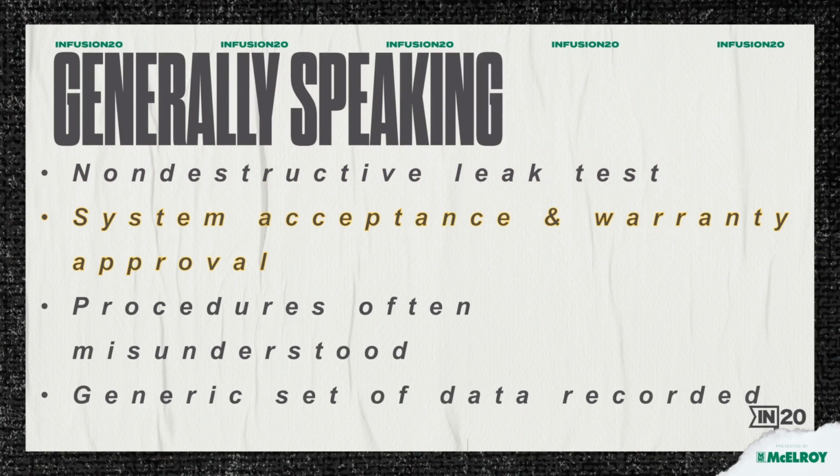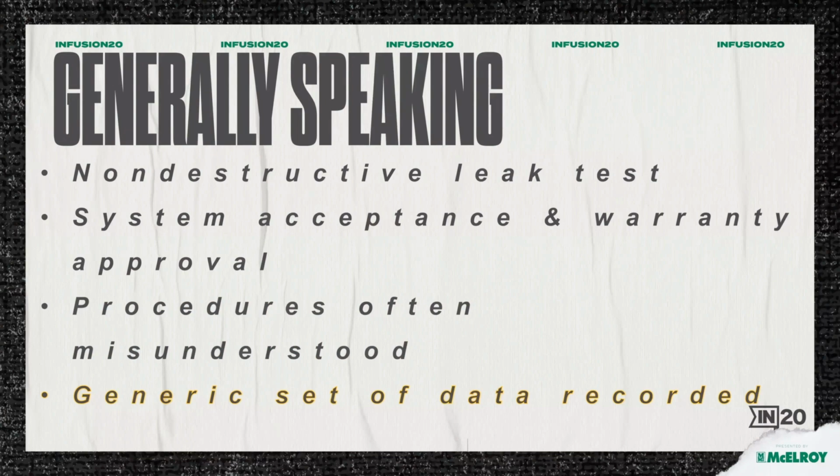And unfortunately, some of these procedures can be misunderstood. There are several procedures out there, and one thing that all those procedures have in common is a generic set of data that has to be recorded. A specific set of stuff that we need to keep track of during these tests. So I'd like to go a little bit into what that data is.